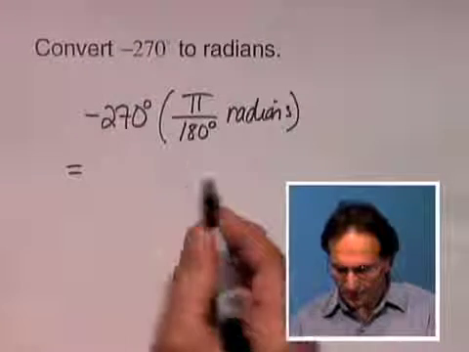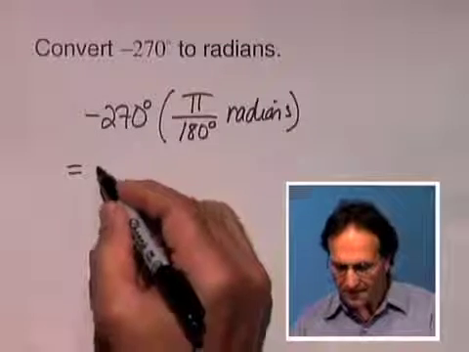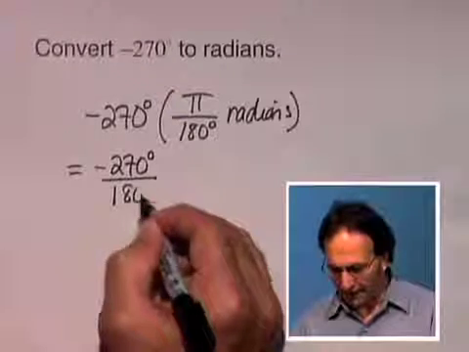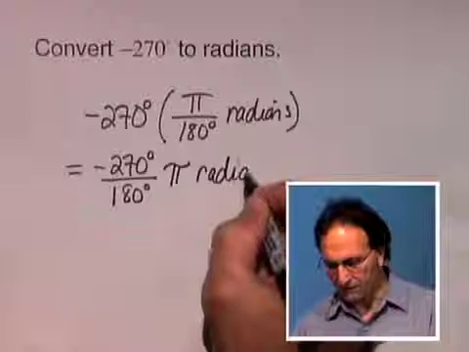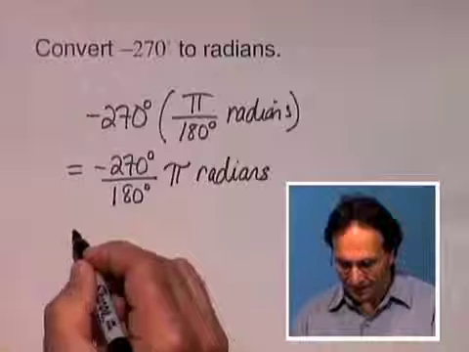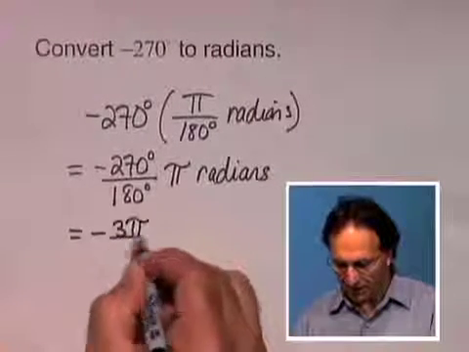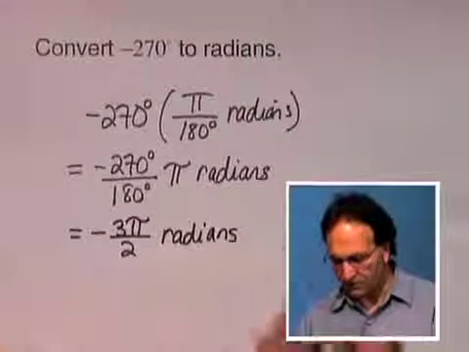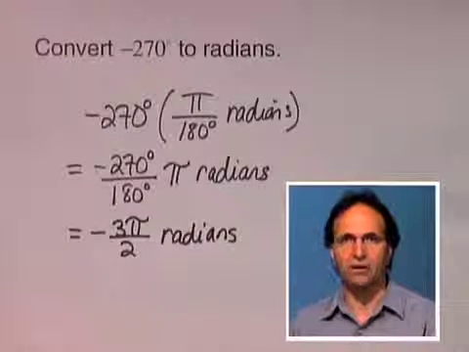Then, to rewrite it in fraction form, and then we'll simplify, this would be negative 270 degrees over 180 degrees times pi radians. And now simplifying this fraction, it'll simplify to negative 3 pi over 2, and that's in radians. So negative 270 degrees is negative 3 pi over 2 radians.